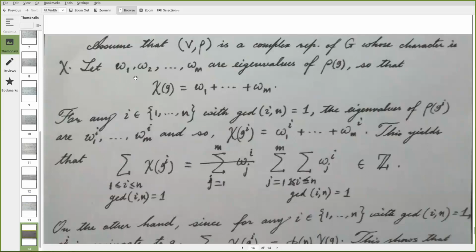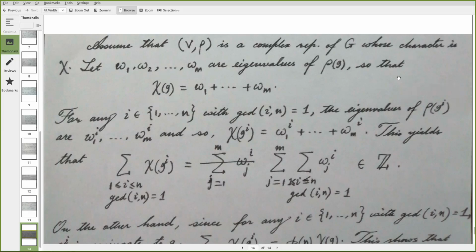Let omega 1 up to omega m be the eigenvalues of rho g, so that chi g is just their sum. Now for any i, I want to know what chi of g to the i is. So chi of g to the i is the sum of the eigenvalues of rho of g to the i.